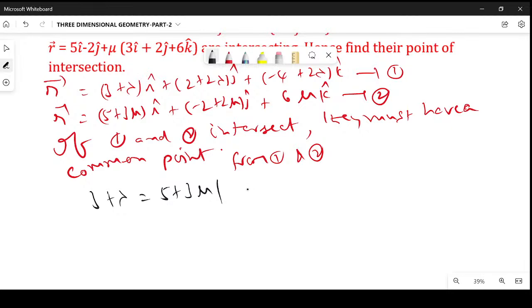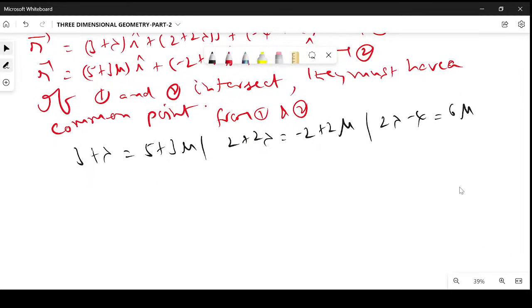We get another equation, 2 plus 2 lambda equal to minus 2 plus 2 mu, and the third equation, 2 lambda minus 4 equal to 6 mu. We should solve these equations. From the first, lambda minus 3 mu is equal to 5 minus 3, that is 2. We solve these equations, and from this you can find the lambda value.